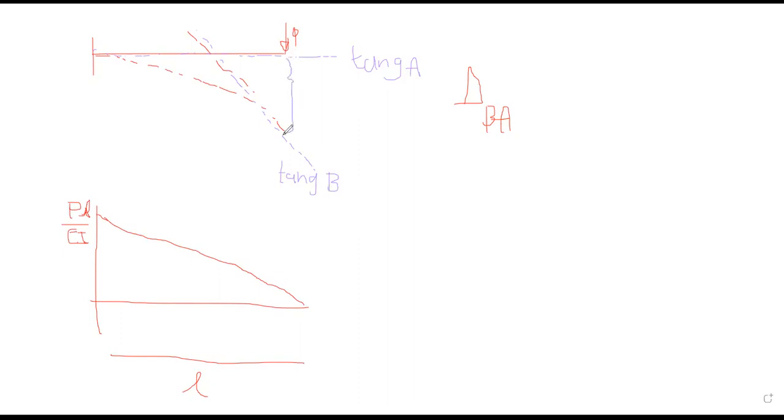So since the tangent A is horizontal, right? If you consider any point on the elastic curve, between the tangent A and that point will give you the deflection. This is a special case, right?